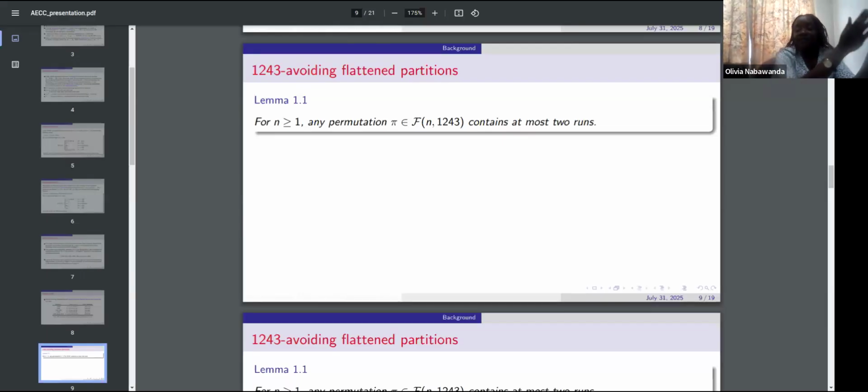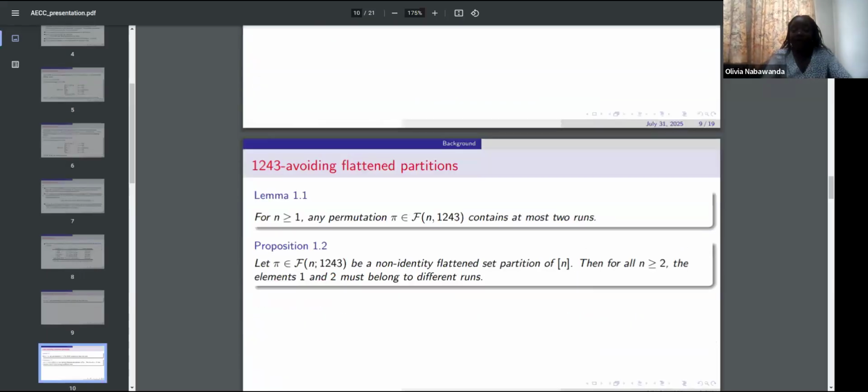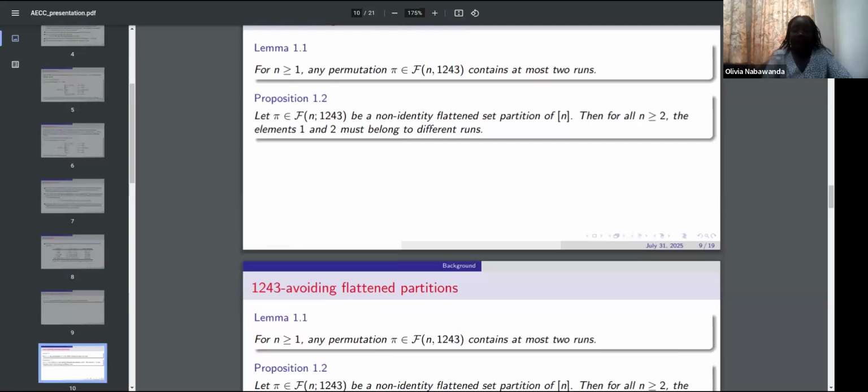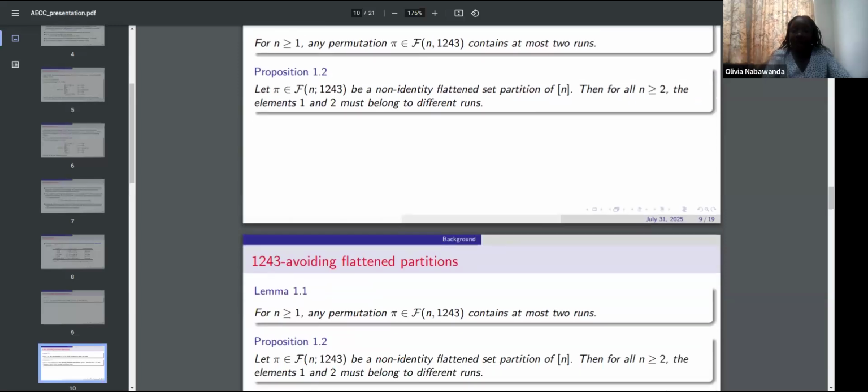And looking at, say, the first 2 elements in the first run, the last element in the second run, and the first element in the third run, that would already form a 1, 2, 4, 3 pattern. So the maximum number of runs that this flattened partition can have is at most 2. So that was one of the properties that we got.